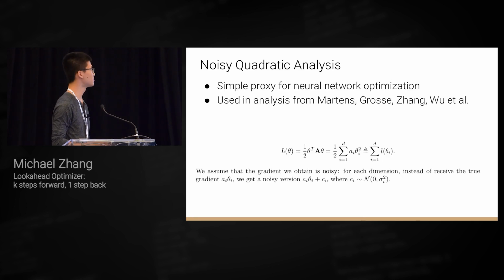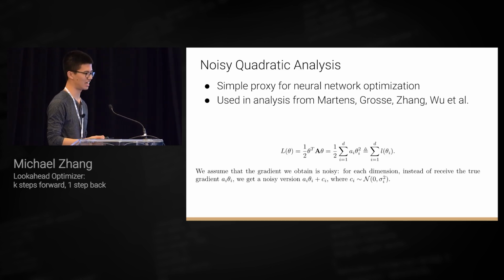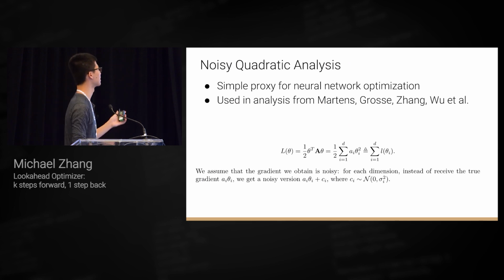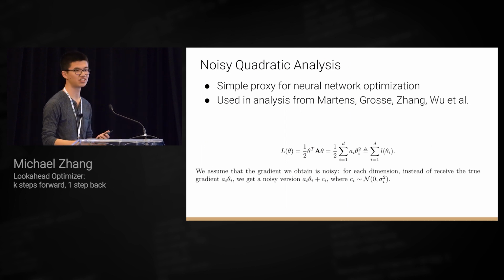We'll also do some analysis with math using a model that has seen recent work from James Martens and Roger Grosse. The idea here is that because a neural network is hard to analyze analytically, we want a simple model that can serve as a proxy for neural network optimization. It turns out a simple noisy quadratic model can do pretty well. We model the loss surface of our neural network using a quadratic loss.